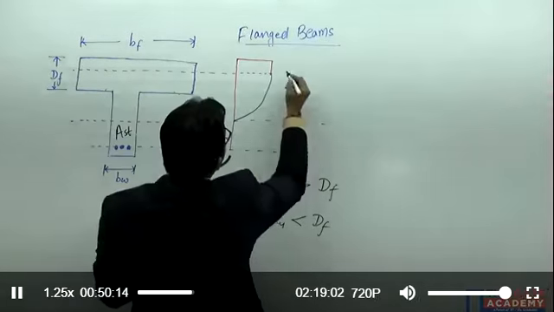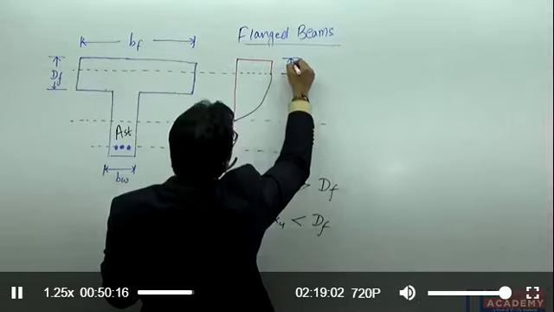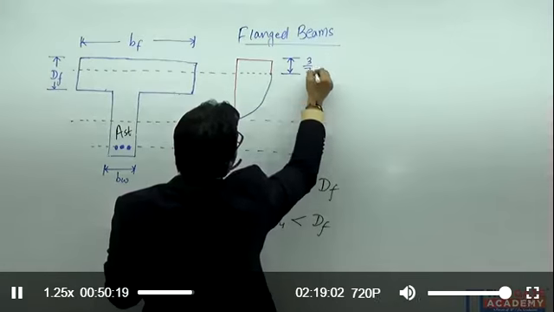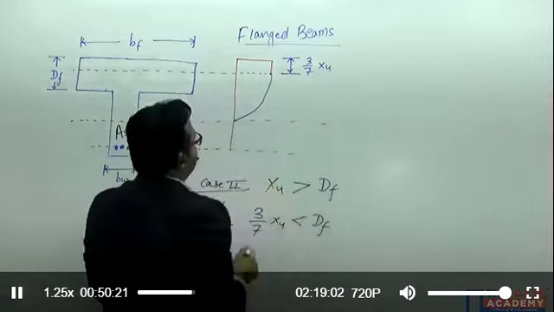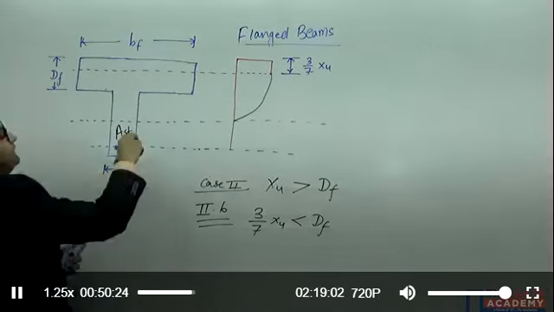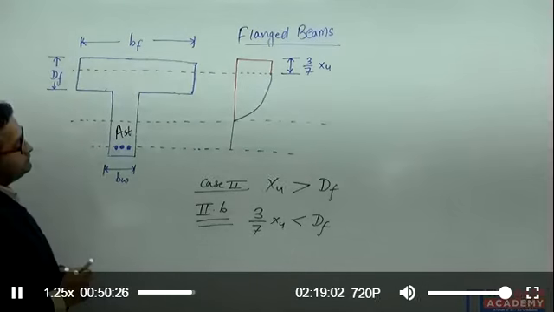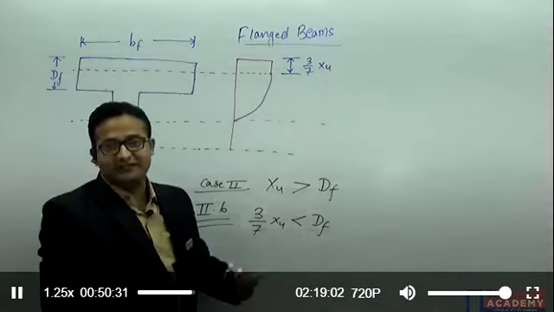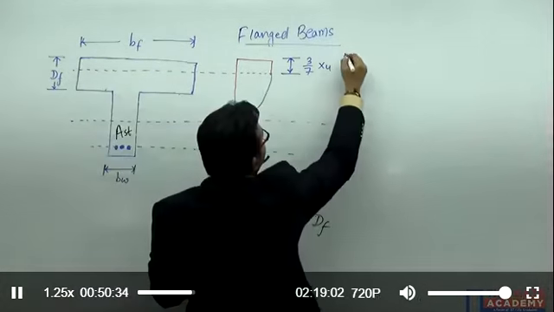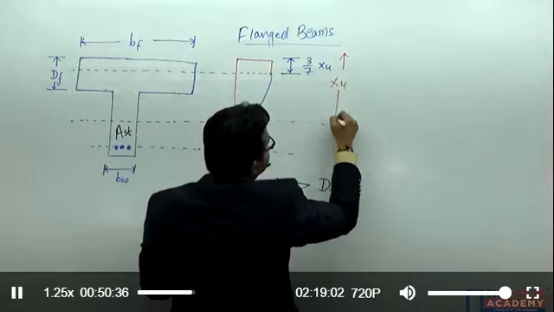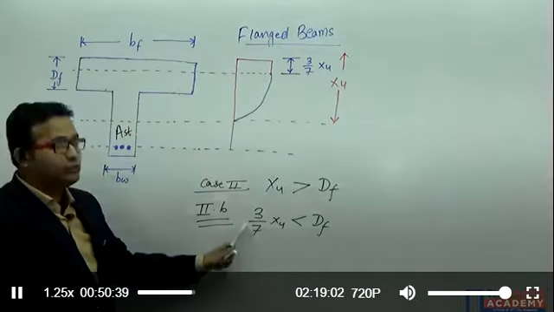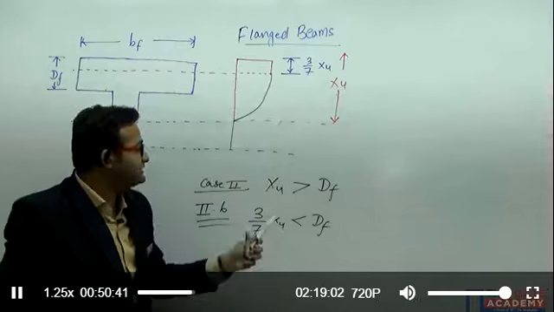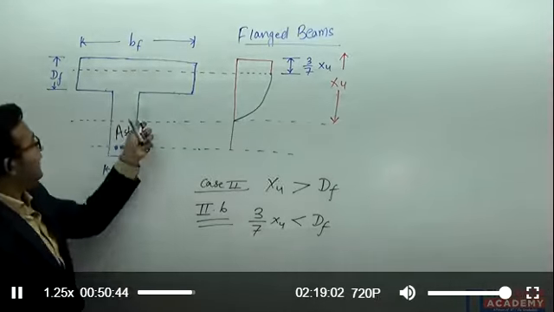So this distance I know. This here is, suppose, 3 by 7 of xu, right? And this total is your depth of flange. This remaining is your parabolic portion with the depth of 4 by 7 of xu. This is the total depth of the neutral axis xu. So in this case, you can see here 3 by 7 of xu is less than the depth of flange.